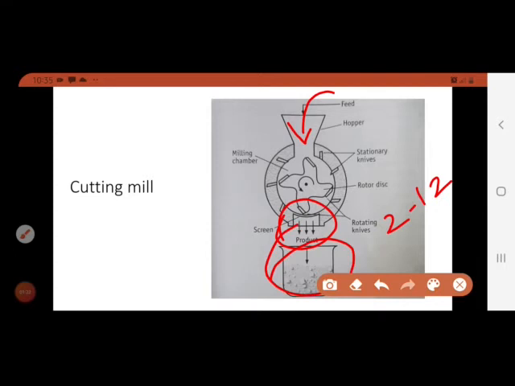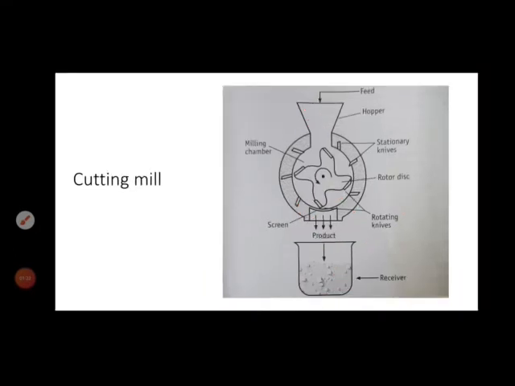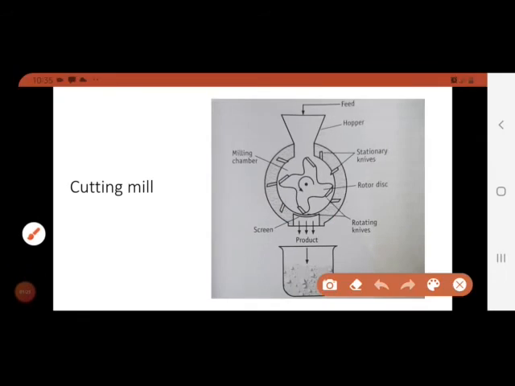And then working. The rotor disc is allowed to move at a speed of 200 to 900 rotations per minute, and we allow the material into the hopper.